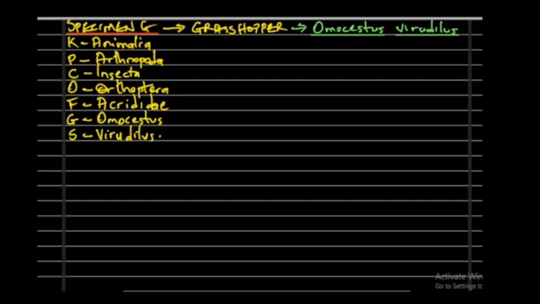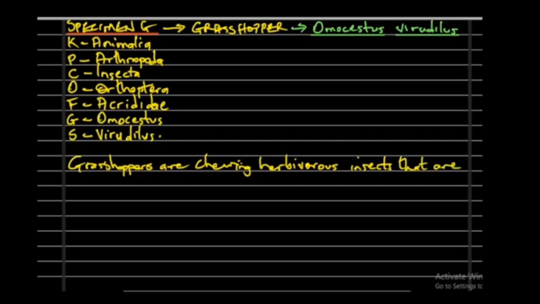These are chewing herbivorous insects. They are insects that actually chew. Grasshoppers are chewing herbivorous insects because they feed on plants, and they are typically ground dwellers.